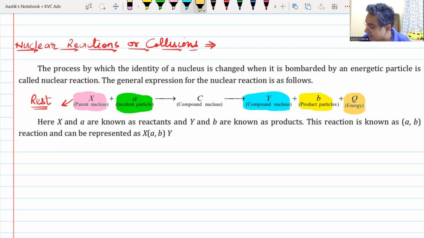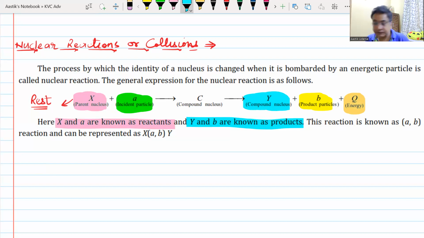Here X and A are known as reactants, and Y and B are known as products. This reaction is known as A,B reaction. A is converted into B and is represented by X(A,B)Y. So X is bombarded with A, and at the end we have Y and B.